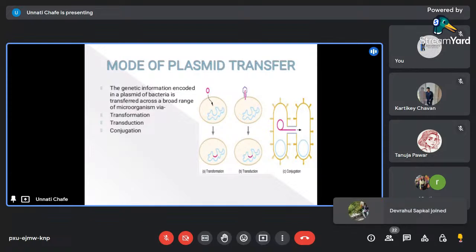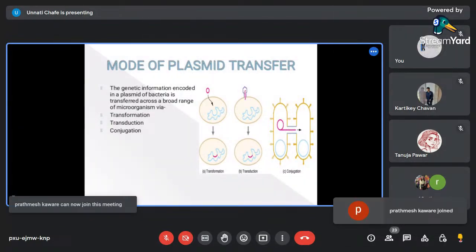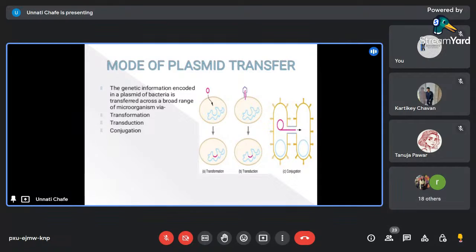Mode of transfer of plasmids: the genetic information encoded in a plasmid of bacteria is transferred across a broad range of microorganisms via transformation, transduction, and conjugation. Here we can see the three modes of transfer. In transformation, a competent cell is required, which is ready to accept extracellular plasmid for further replication in the host cell.